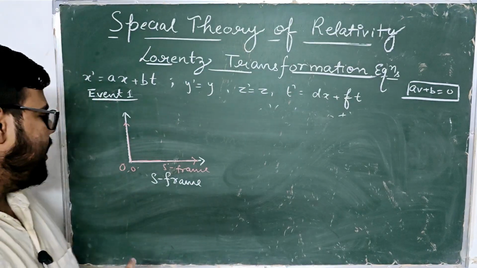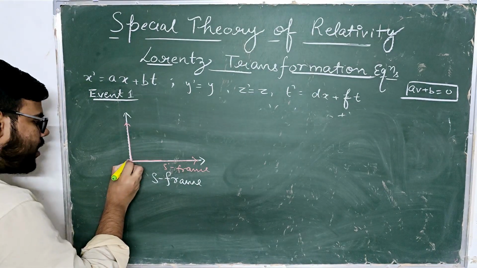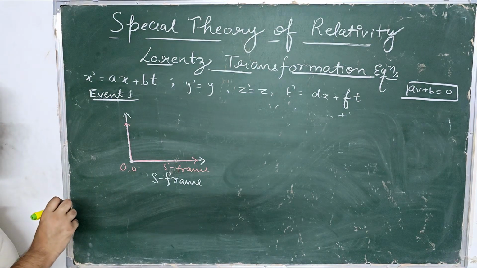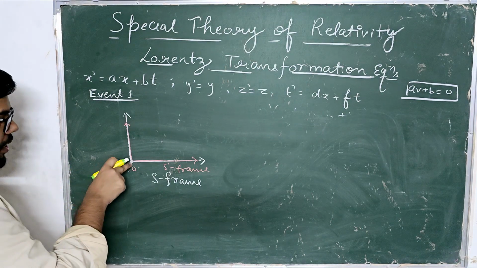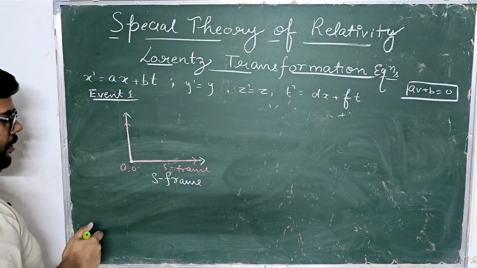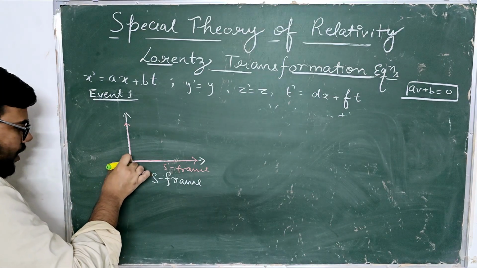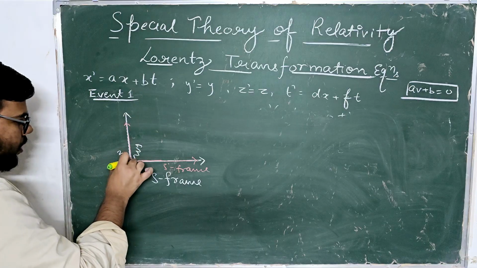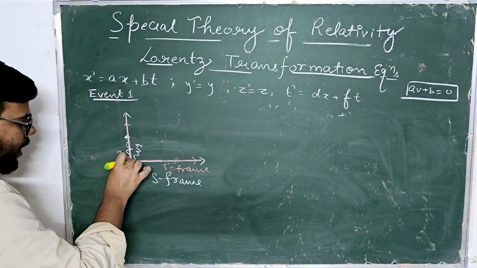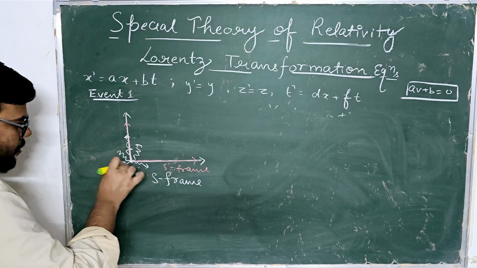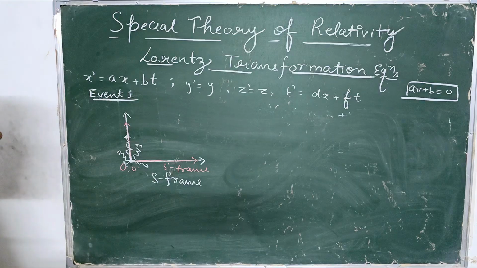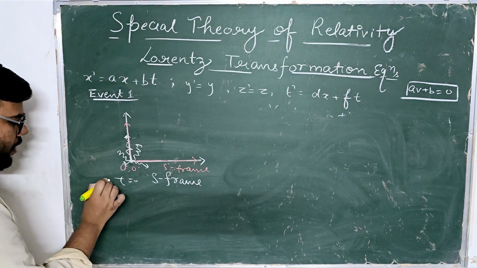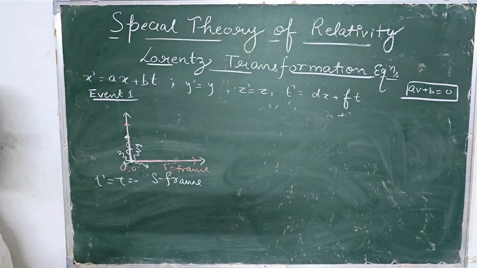Then at that moment there is a light source from which light is being emitted in all directions. Okay. Of course this is t equal to 0 and it is t prime equal to 0 also over here.